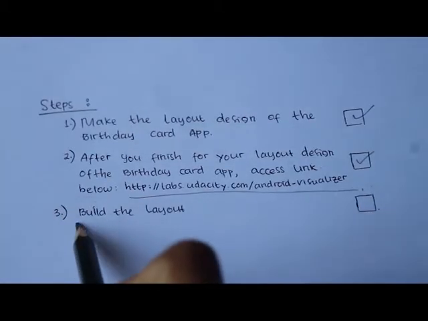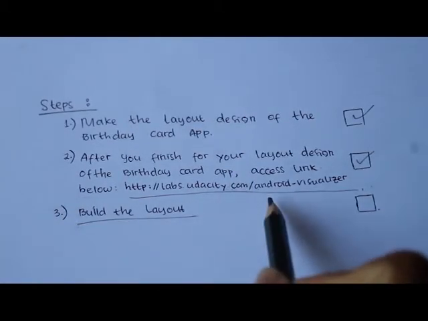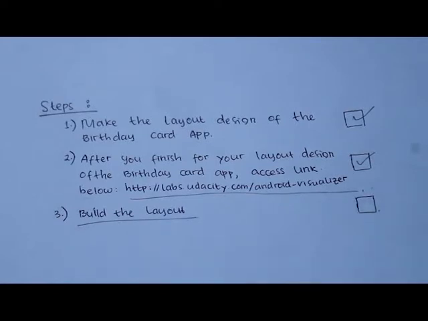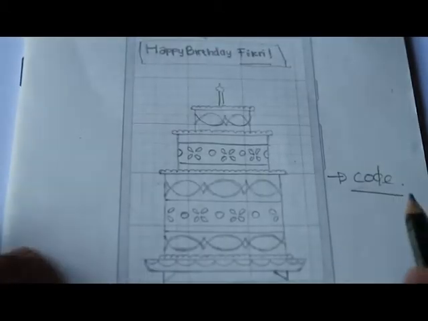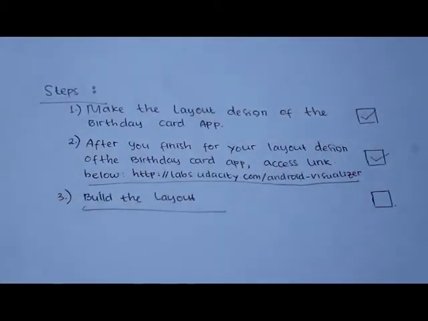After that, build the layout. At this step, what we will show you is the process of converting an image like this into code. This process consists of 3 easy steps.